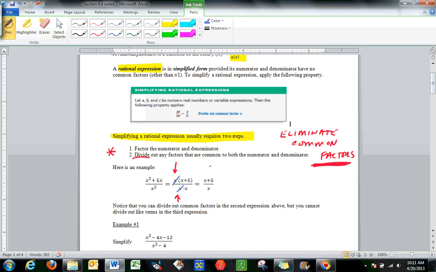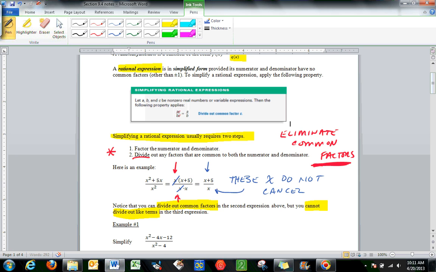Now, this is an extremely important concept that you need to make sure you understand. You can divide out common factors. That's what we did with the x and the x here. But you cannot divide out like terms. So in this particular situation, you cannot take out these x's. So these x's do not cancel.